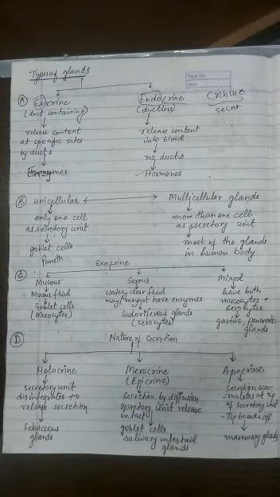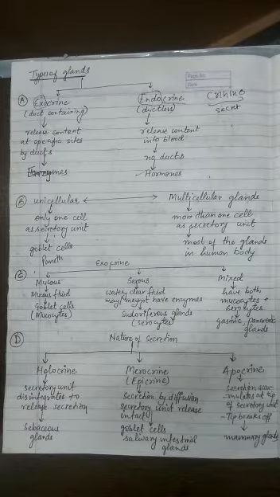Now if an exocrine gland releases a watery type of clear fluid, which may or may not carry enzyme, then it is called the serous type of exocrine gland. Example is the sudoriferous glands, which are the sweat glands of the human body. That's why they are also called serocytes.